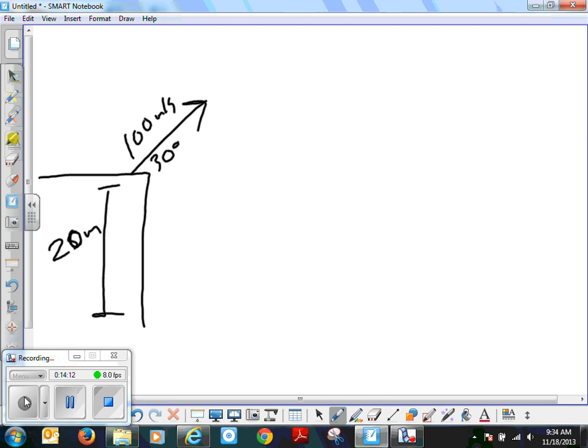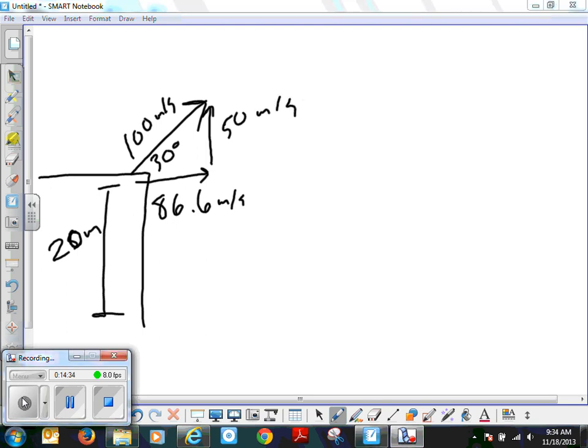The thing's going to fly. So the first thing you got to do is figure out the x and y velocity. Can you do that? SOHCAHTOA gives me 50 here, right? And 86.6, something like that. Okay, so you can do that.